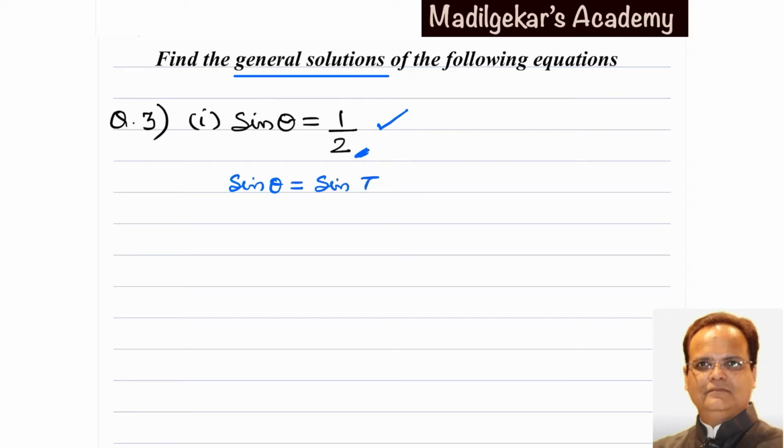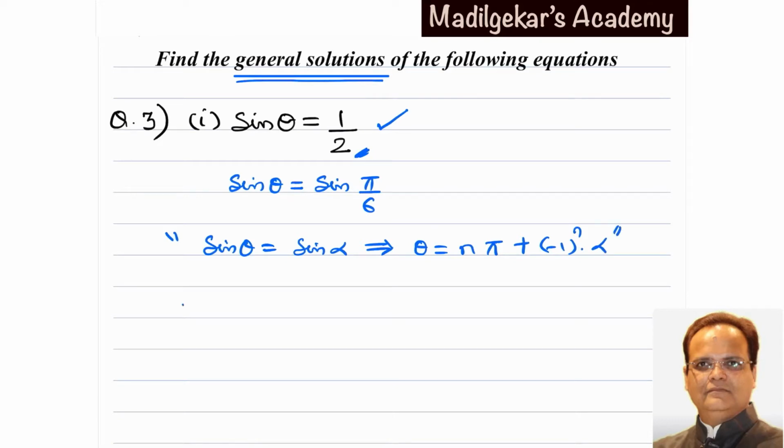So it is sine of pi by 6. Two sine ratios are equal. Whenever we want to find the general solution, recall the formula: sine theta equals sine alpha, then theta equals n pi plus minus 1 raised to n alpha.